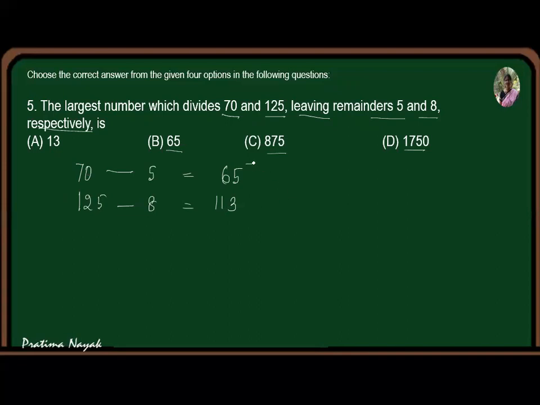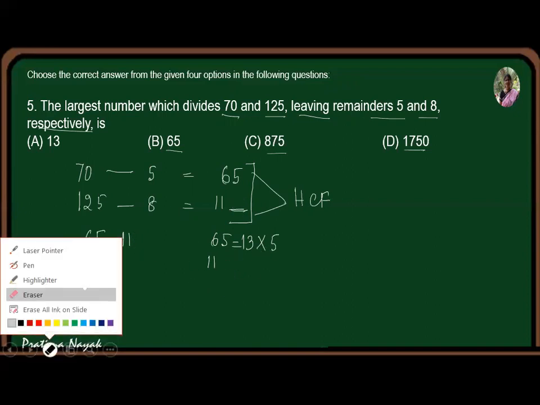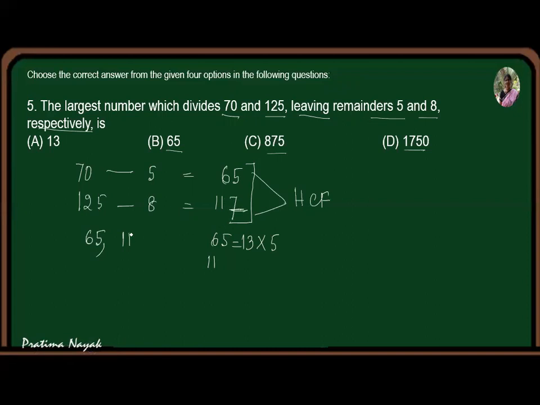So now I'll find the largest number which divides both. That is nothing but the HCF of these two, 65 and 117, which we have just now got. 65 is equal to 13 into 5, and 117 is equal to 13 into 9.